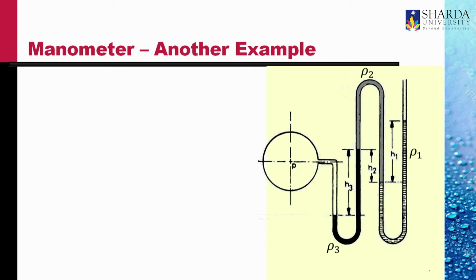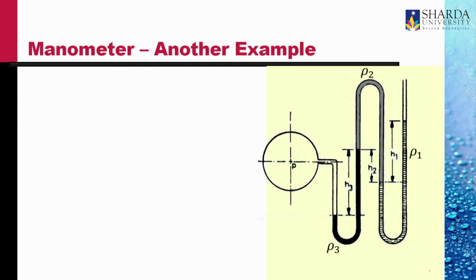Here we have a bulb with a pressure P of a gas, and the manometer has 3 fluids of density rho 1, rho 2 and rho 3 as shown.